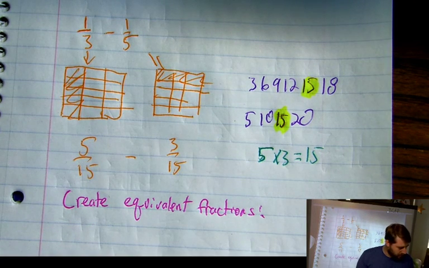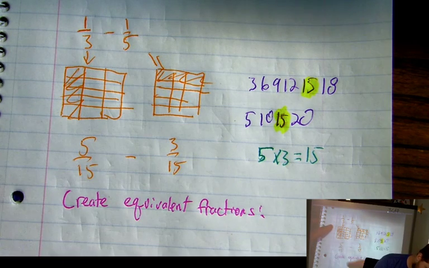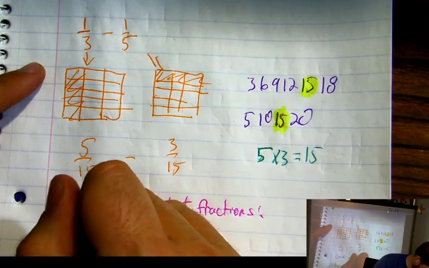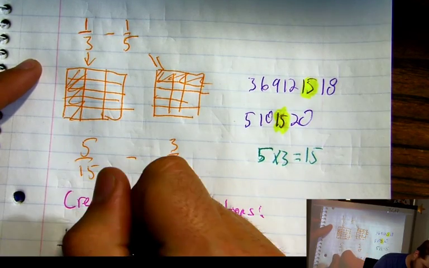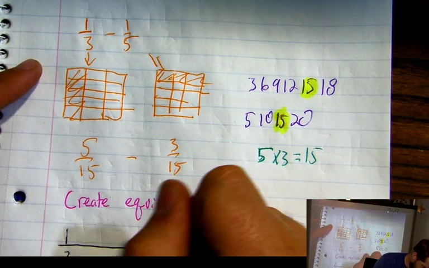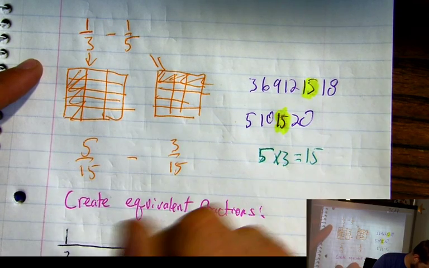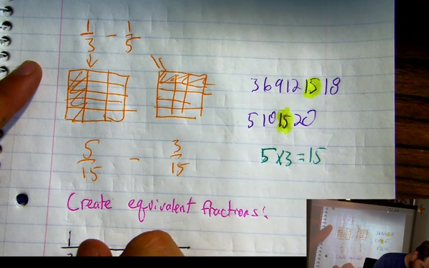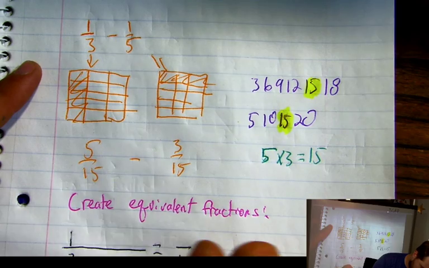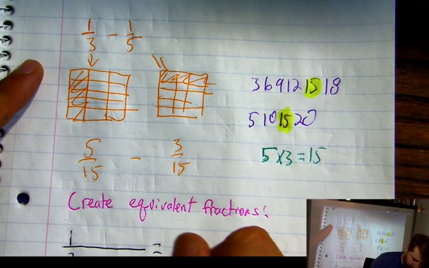But if we wanted to do it numerically, we could absolutely do this as well. So this is just like when we're adding fractions. We would do 1/3 equals something over 15. And then down here we would have 1/5 equals something over 15.